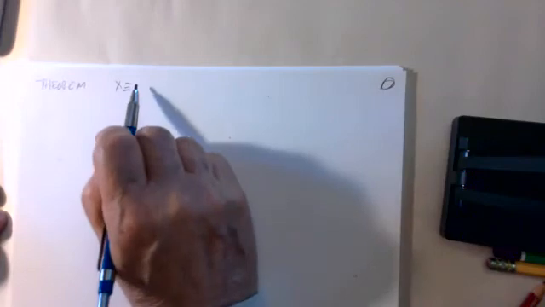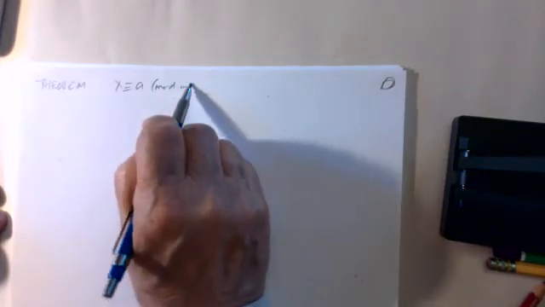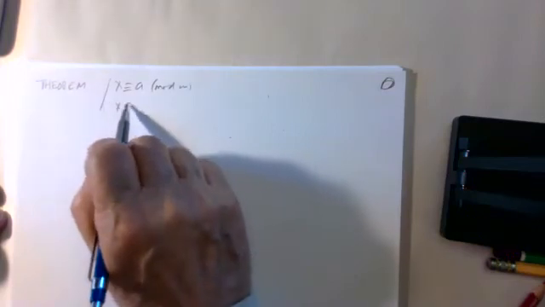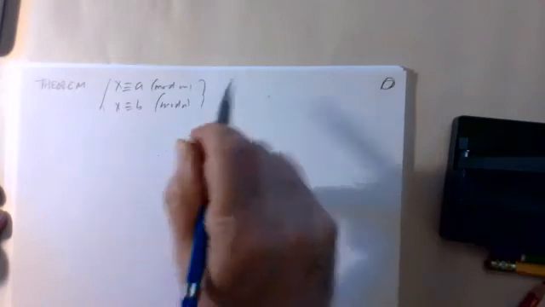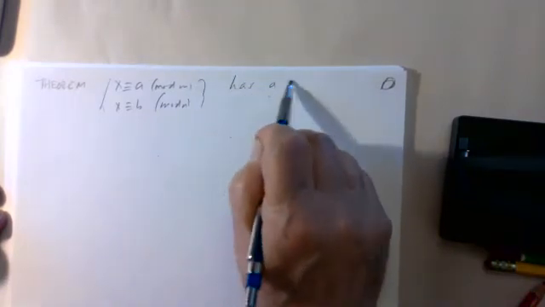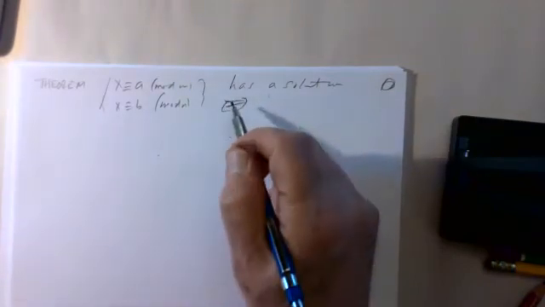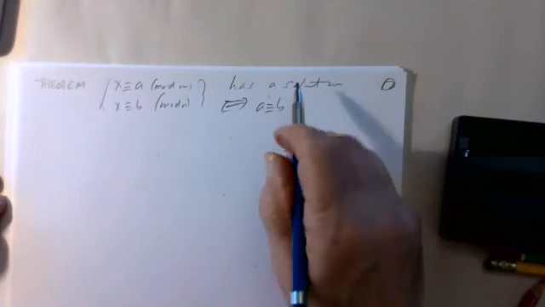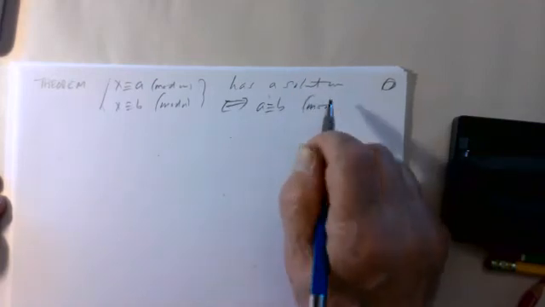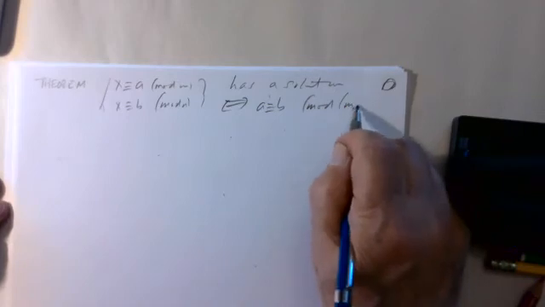The system of congruences x congruent to A mod M, and x also congruent to B mod N, has a solution if and only if A is congruent to B modulo the greatest common divisor of M and N.